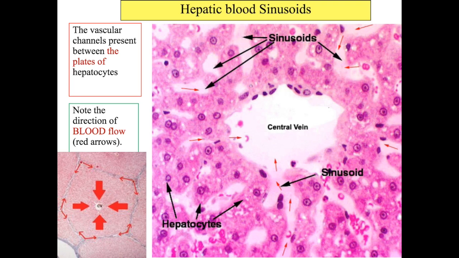Look at this picture. Here we have the blood sinusoids. These are the spaces in between the cords of hepatocytes, and they are carrying oxygenated blood with nutrients. Why? Because the oxygen is coming from branches of the hepatic artery, while nutrients are coming from branches of the portal vein, carrying these nutrients absorbed from the small intestine.